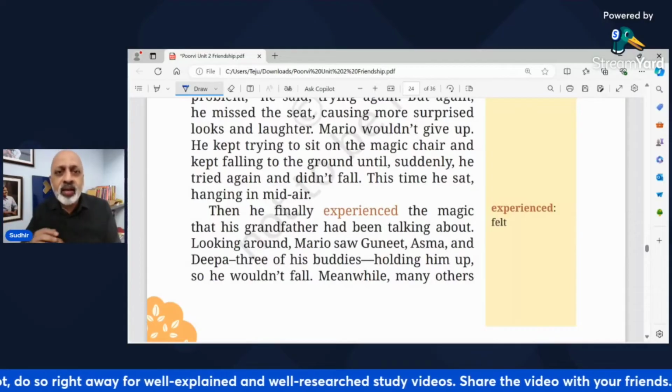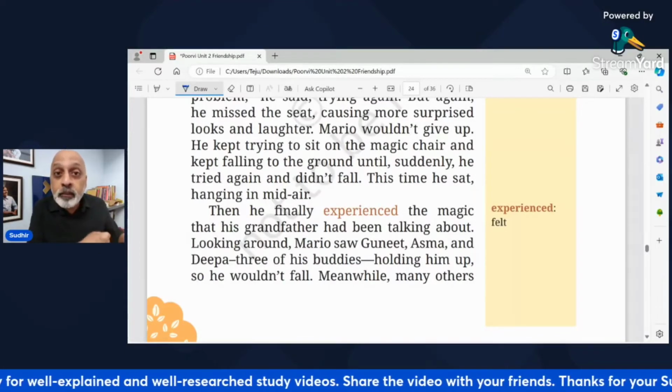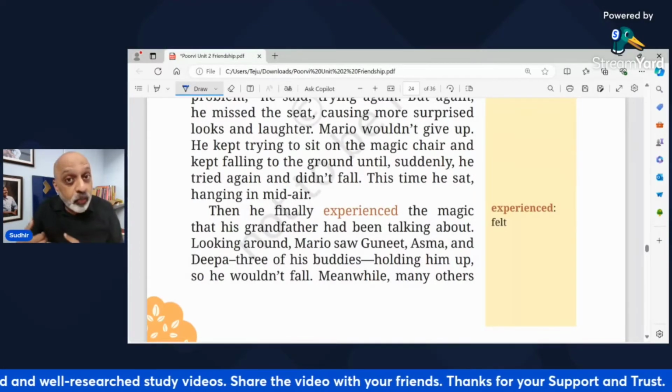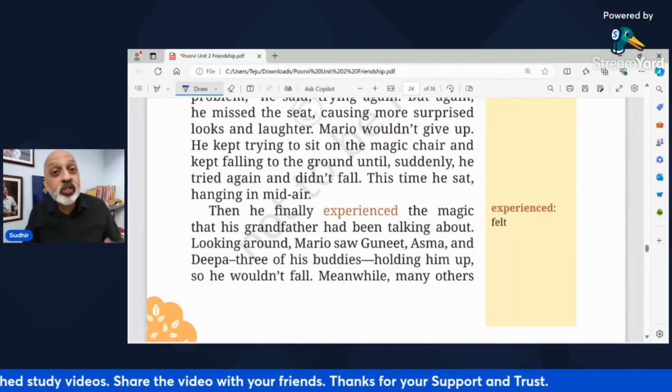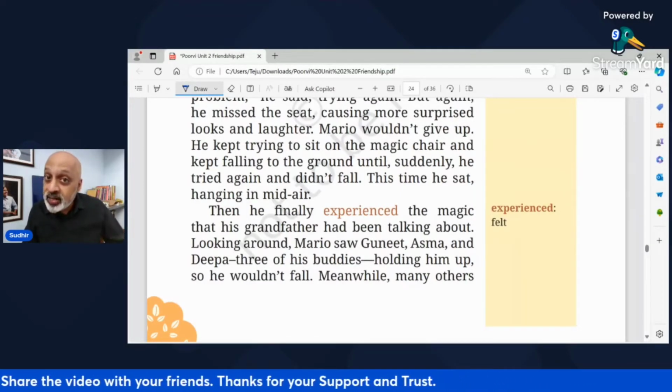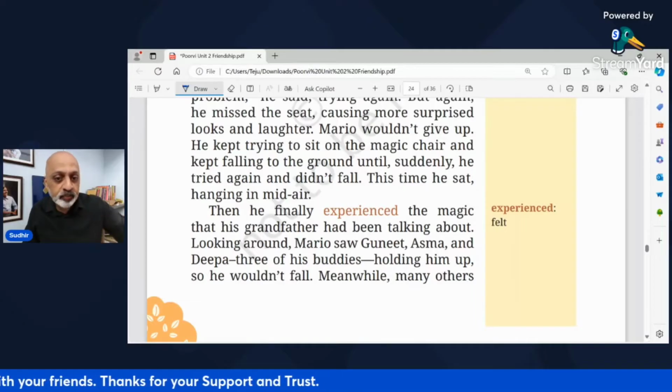The three of them had held him and supported him, and it looked as though he was sitting on a chair which was invisible.